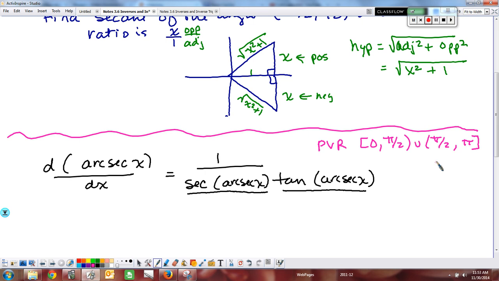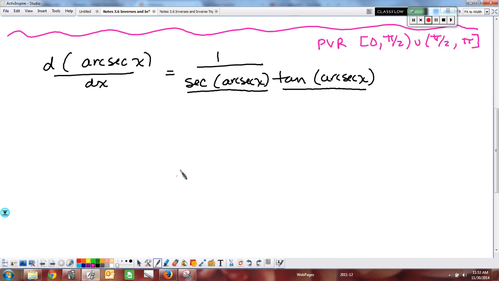So this one's a little different because I'm not in quadrants 4 and 1. I'm actually in quadrants 1 and 2. So when I draw my picture for this one, I am going to draw my triangle in quadrants 1 and 2.